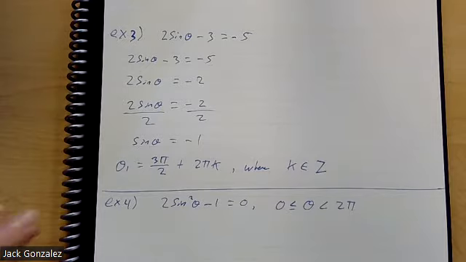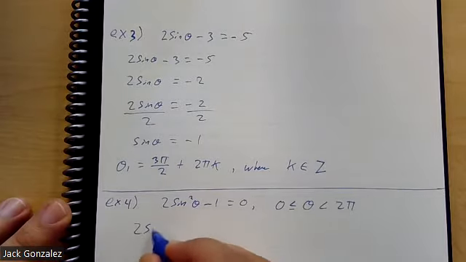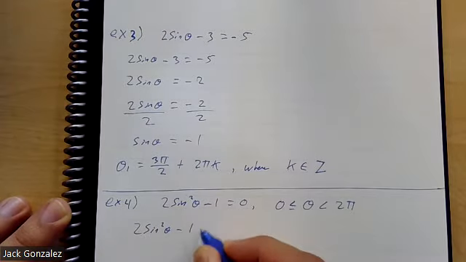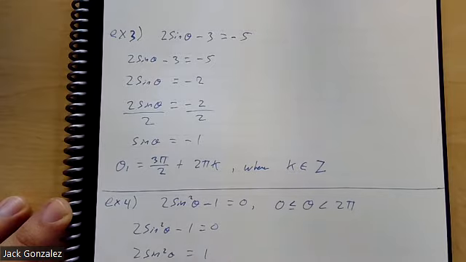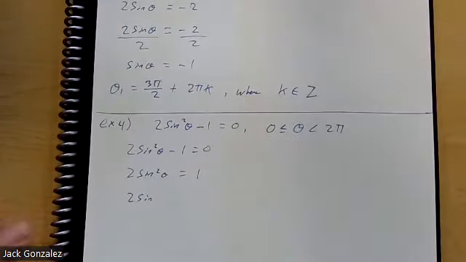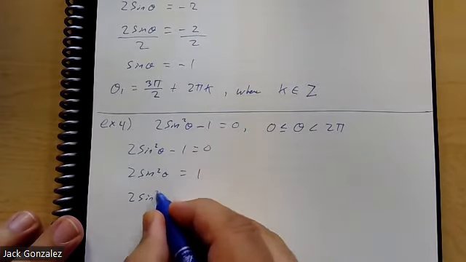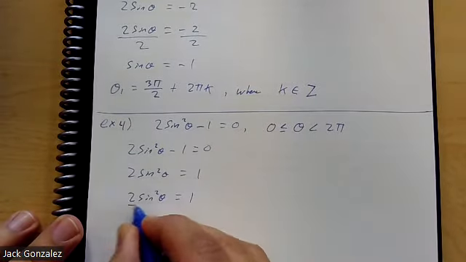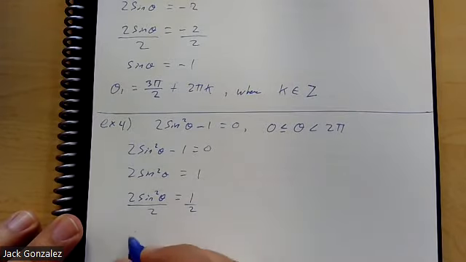Okay. So solve for your sine. Add the 1 over. Divide by 2. And then you get to here.